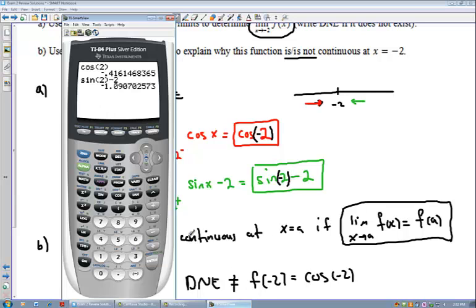And of course, I should come back here and prove to you that these values are still not equal. So cosine of negative 2, and then sine of negative 2 minus 2. So yes, they're still not equal. All right.